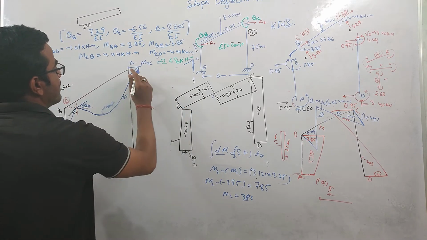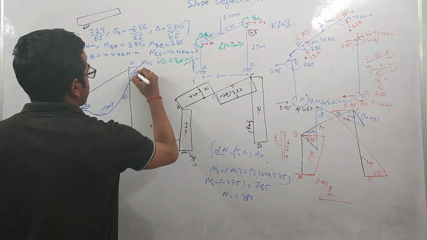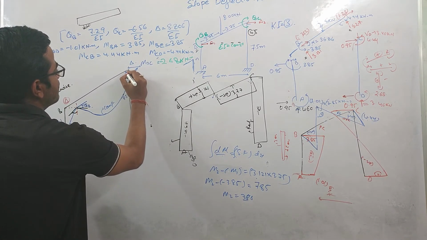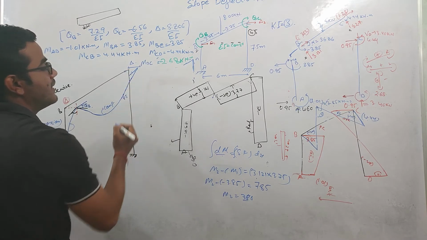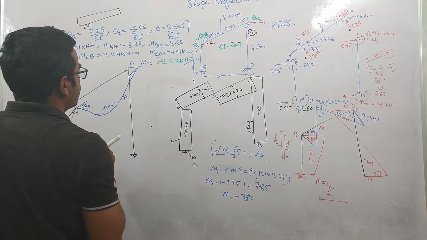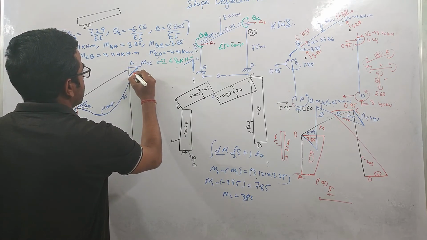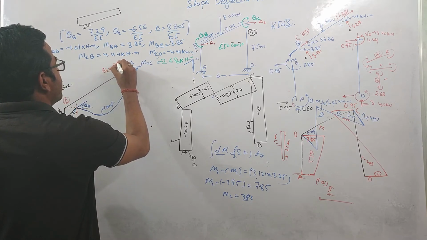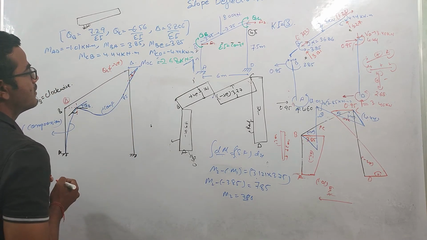This reference axis is parallel to this axis because we need to calculate theta with respect to this axis, right? So if we draw the tangent over here, you can see that this theta C is basically negative, anti-clockwise, right?